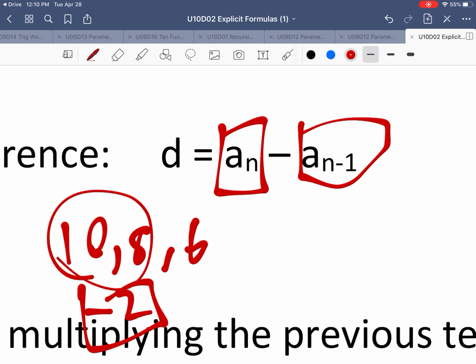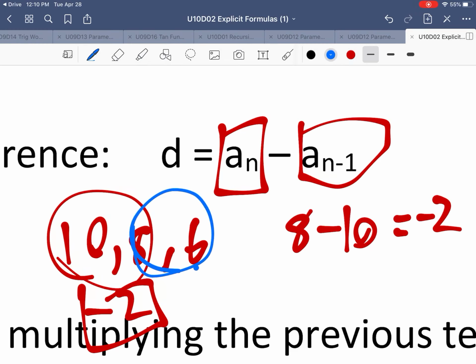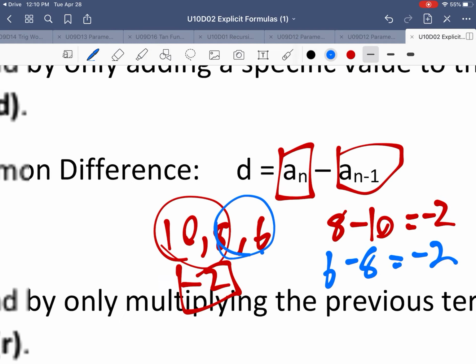So I'm going to take these 2 terms and subtract any term by the term before it. So 8 minus 10 is negative 2. If I chose these 2 terms, I would do 6 minus 8, which is also negative 2. In other words, how did I get to the next term? All right, so the common difference here is negative 2.